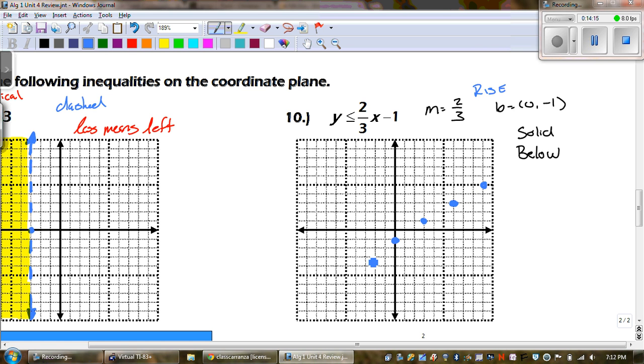I'm making sure that this graph is rising from left to right, which it is. And then connect your line, make it nice and straight. We said to shade below, so I want to make sure that I shade below my line.